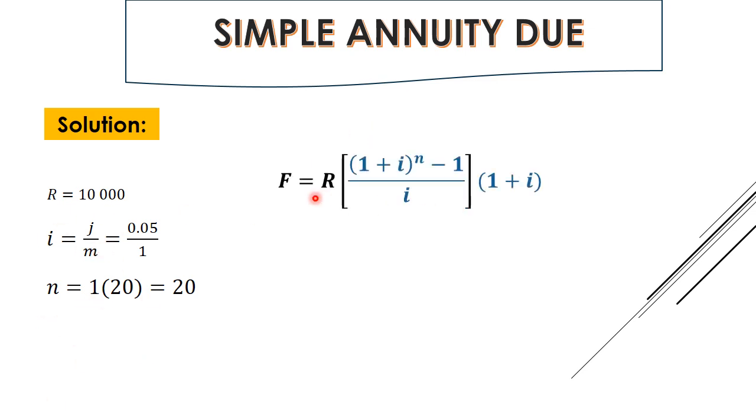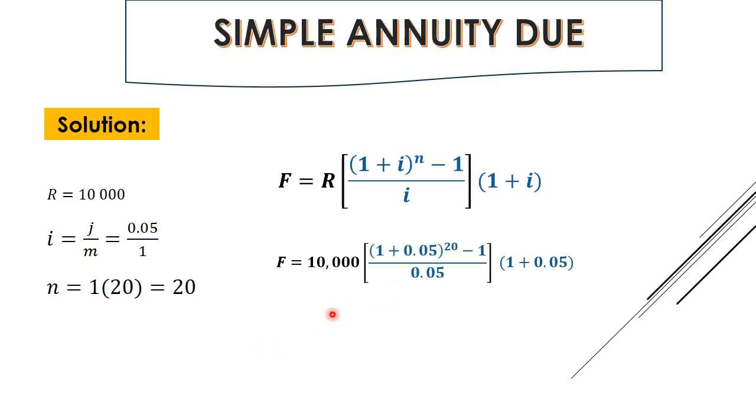So to solve this, we substitute this to the formula. We have F, the future value, equals R times 1 plus I to the power of n minus 1 over I times 1 plus I. Okay, so substitute this here. We have now 10,000 times 1 plus 0.05 to the power of 20 minus 1 over 0.05 times 1 plus 0.05.